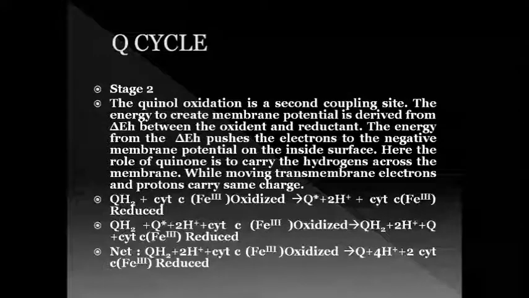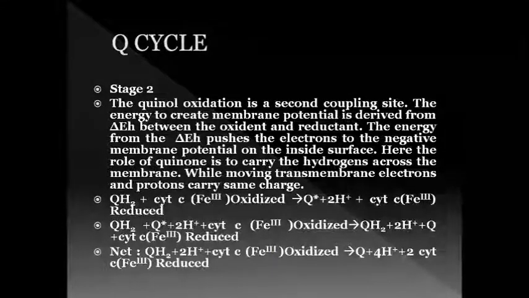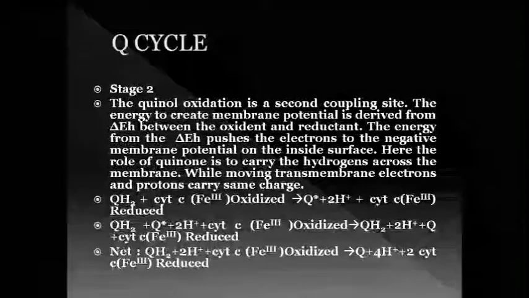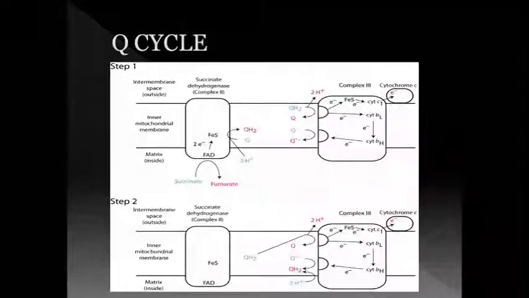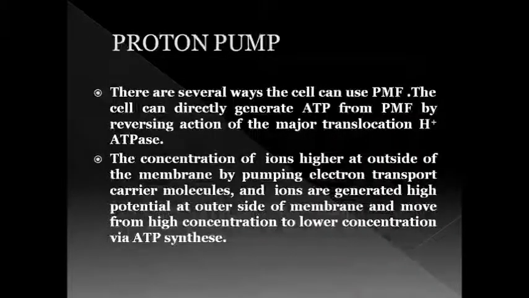The net reaction which is observed in Q cycle is like this. This is the figure of Q cycle where we can see the transfer of electrons through a series of electron carriers.